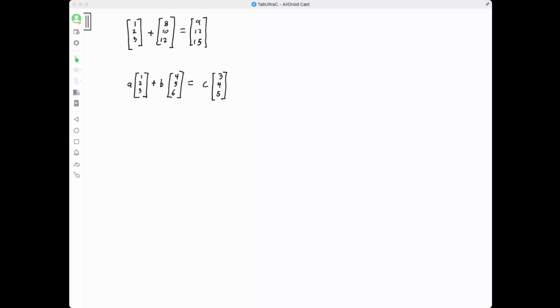You might say, wait a second, I can't build the third vector, I can build C times the third vector. But if this equation is true, then I can divide by C and get a way to add these first two vectors together to get the third vector.